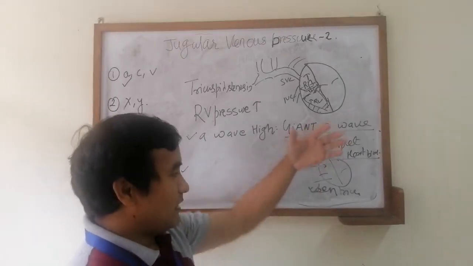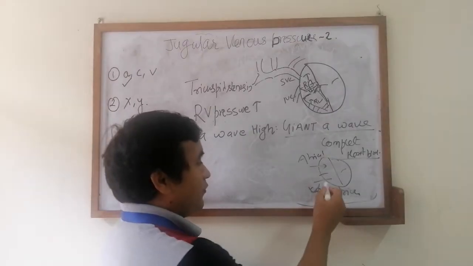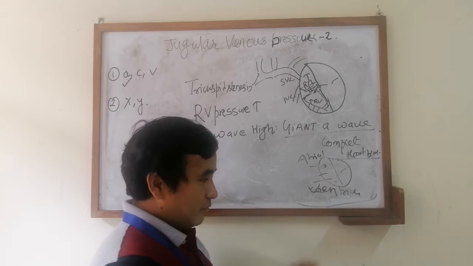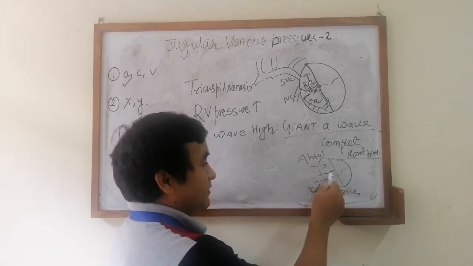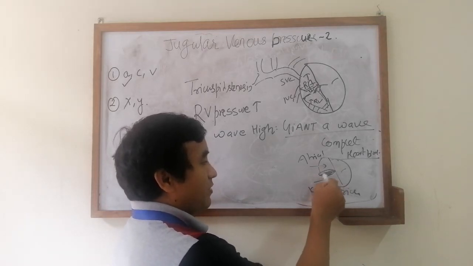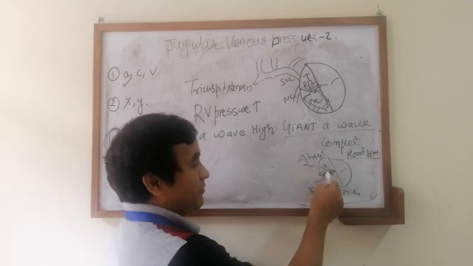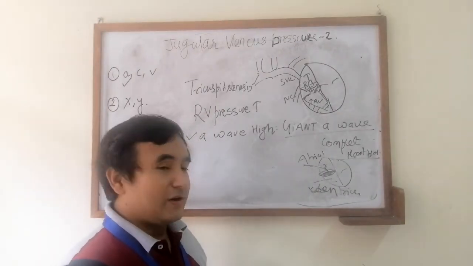So atrium and ventricle are contracting separately. When the ventricle is contracting, there can be a time where the tricuspid valve is closed and the atrium is contracting. That can occur in case of AV dissociation or complete heart block.